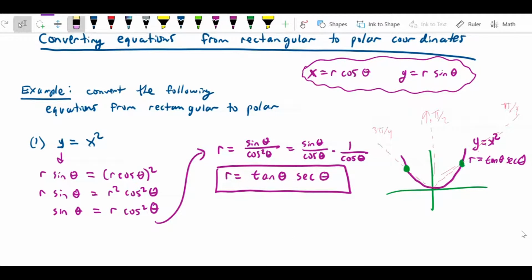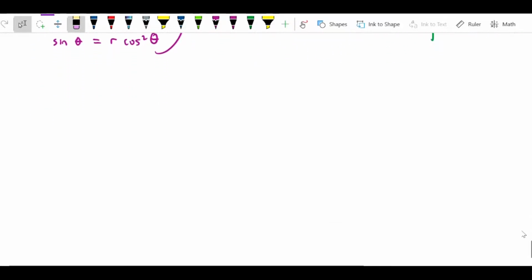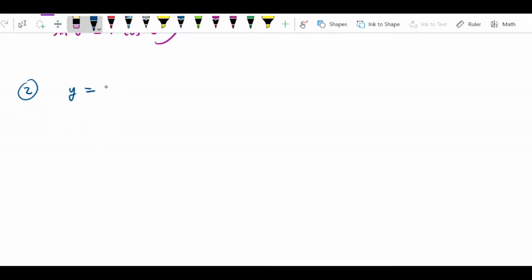Okay, so let's consider another typical equation for which we know what the equation looks like in rectangular coordinates. Let's suppose we have y equals 3x plus 1. Not that anybody should need this drawn for them, but basically this is just going to be this line, right?